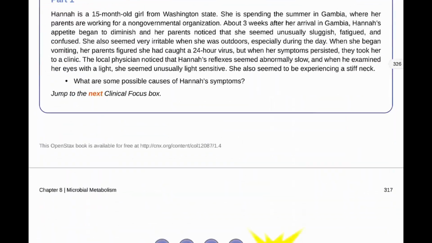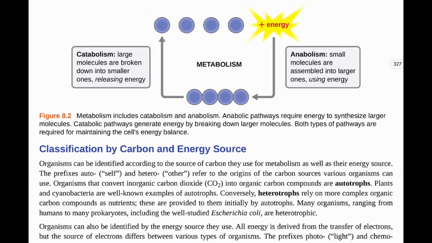Here we actually see an image of that. Here we have catabolism, where larger molecules are going to be broken down into smaller ones, and that includes a release of energy. So an exergonic reaction. Let's say these are amino acids, each one of these, connected in our chain as a protein, and catabolism is going to break them down into their individual amino acids, releasing energy in the process.